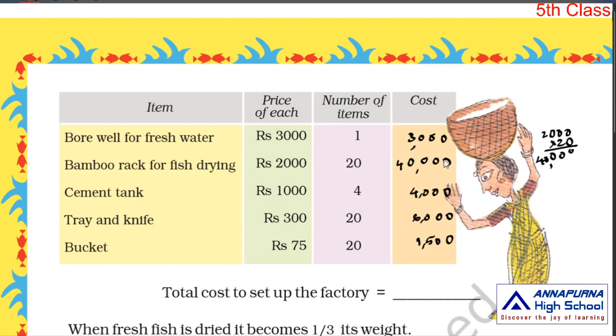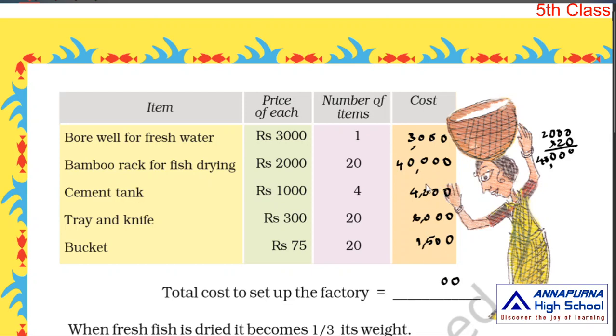That means here total cost to set up the factory is equal to how much? We need to add all the items here: 3000 plus 40,000 plus 4,000 plus 6,000 plus 1,500. You know the addition. 0 plus 0 plus 0 is 0. Again 0.